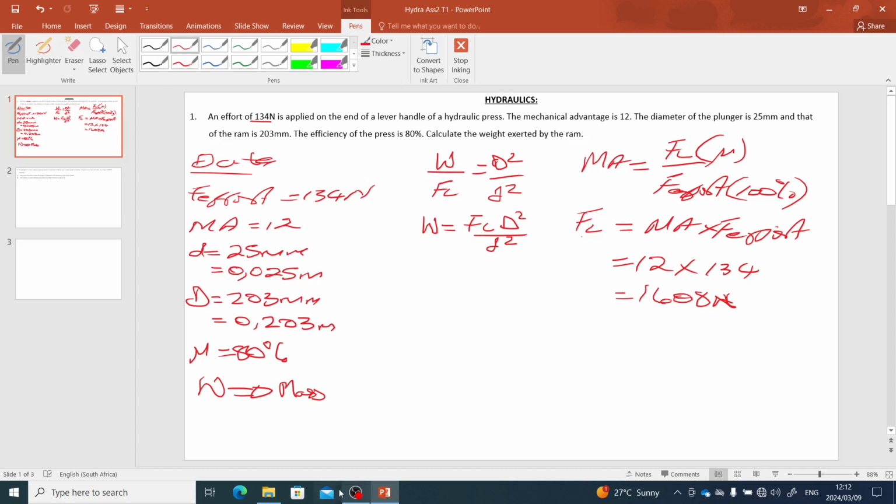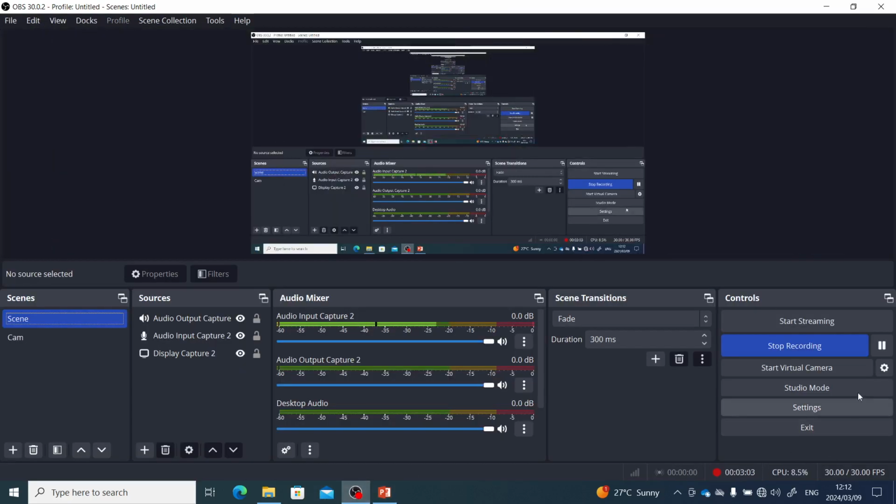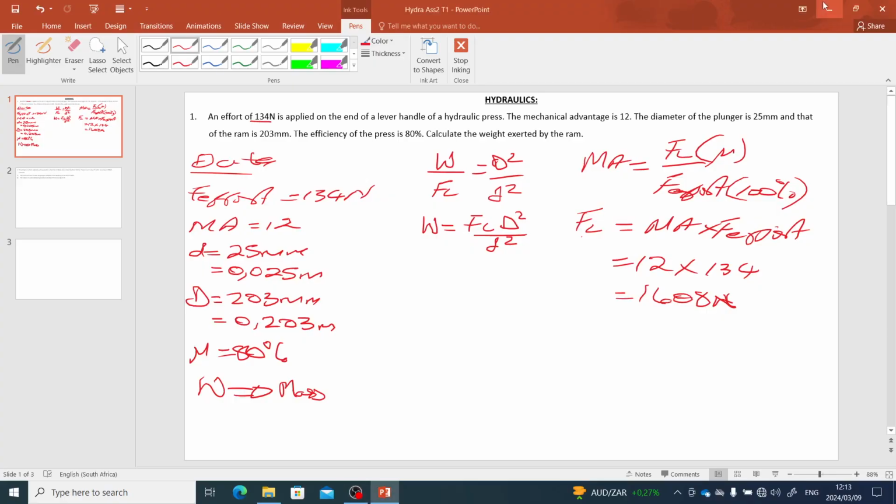But check this, we've calculated our F load out of 100%, and yet we are told that our pump is 80% effective.